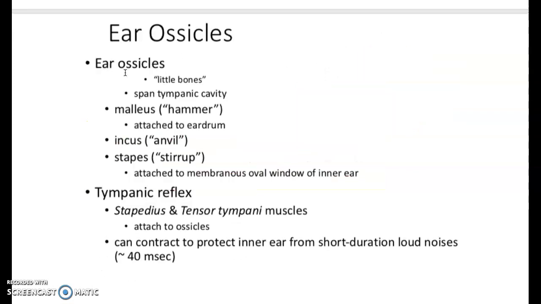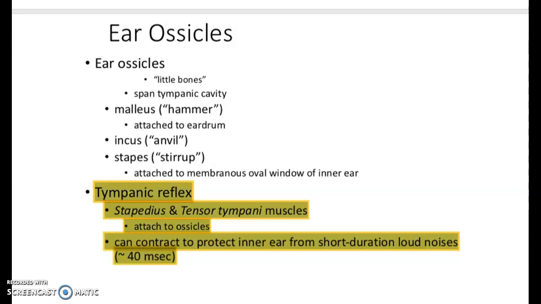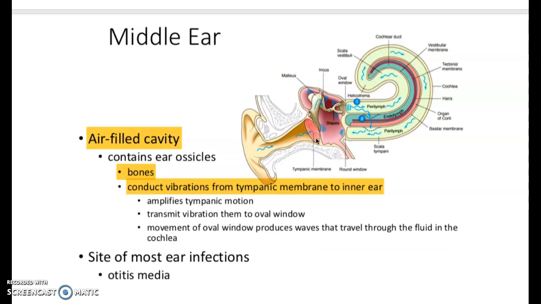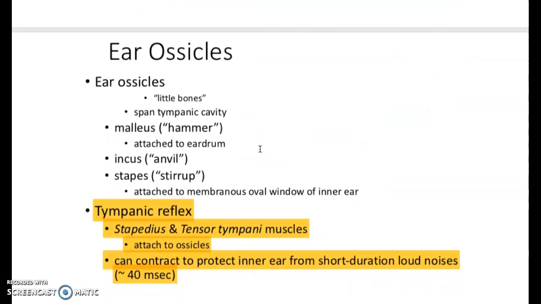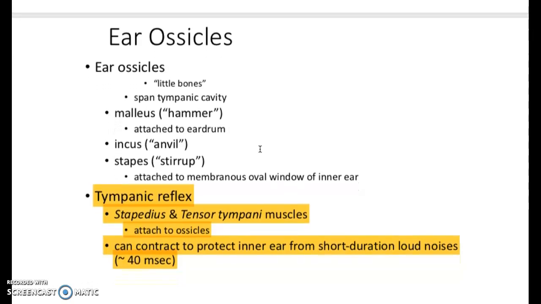So the little ear bones are called ossicles. There's the malleus, incus, and stapes. You guys will need to know these in the lab. And then something interesting here, the tympanic reflex. So your tympanic membrane, like we just said, vibrates because of the sound waves.